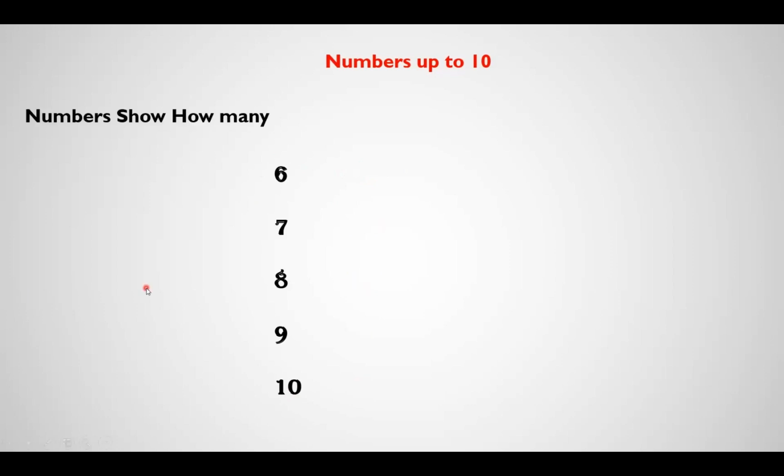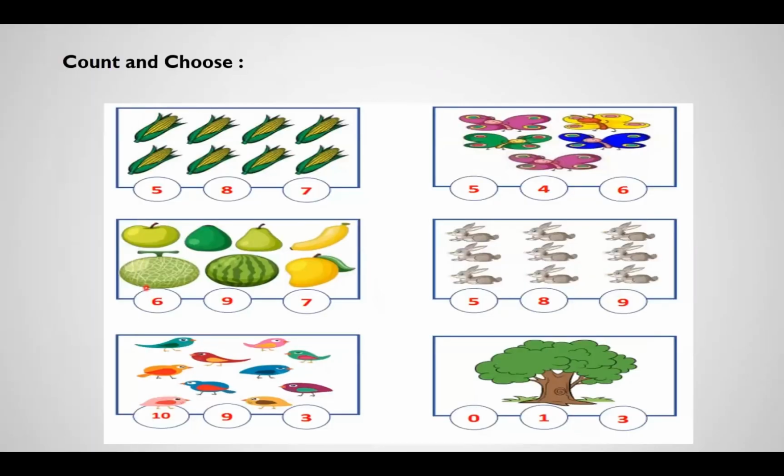Okay, can you solve with me this example? Count and choose. How many corn can you see in this picture? We are going to start counting, of course, from number 1. So we have 1, 2, 3, 4, 5, 6, 7, and 8. So we will choose number 8.